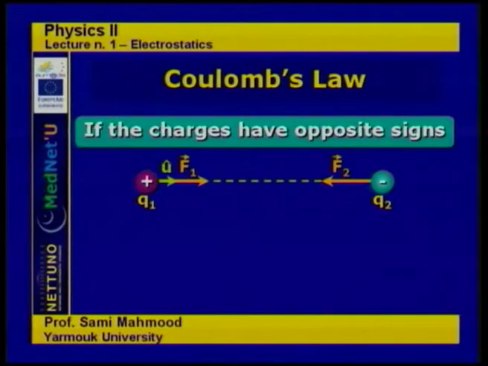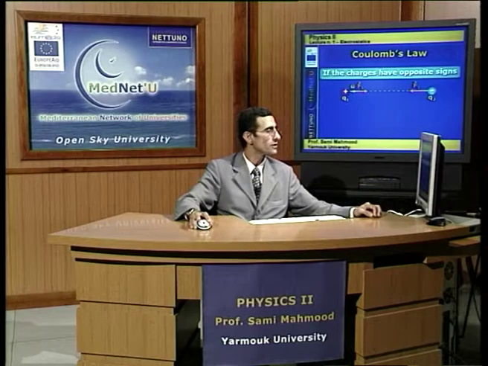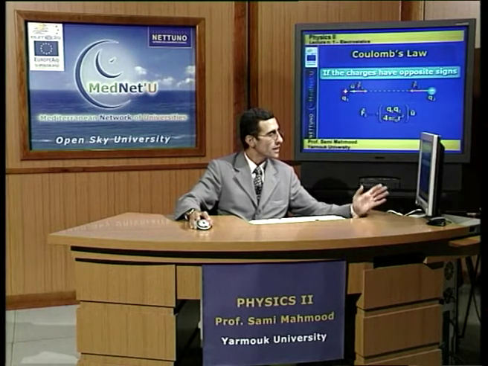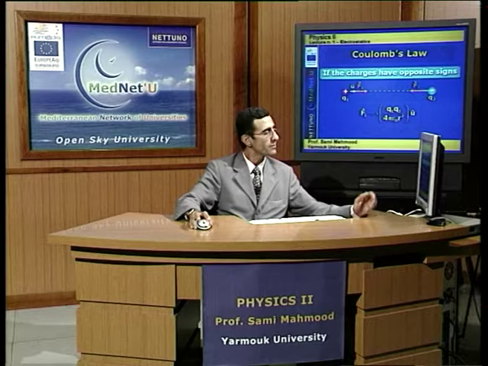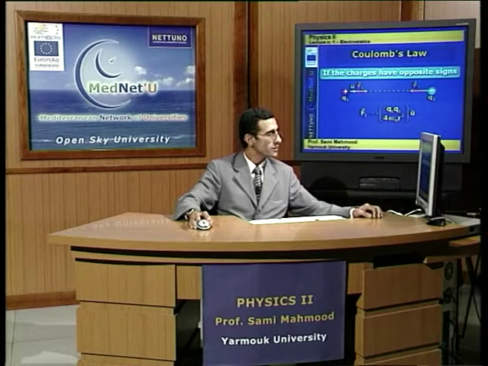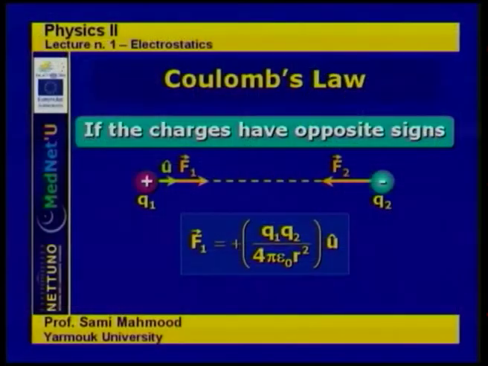And in the case of dissimilar charges, the force exerted on one charge points toward the second charge. In this case of dissimilar charges, the force exerted on charge Q1 is equal to plus Q1 Q2 over 4 pi epsilon naught R squared U hat, which indicates that this force is directed towards the opposite charge.